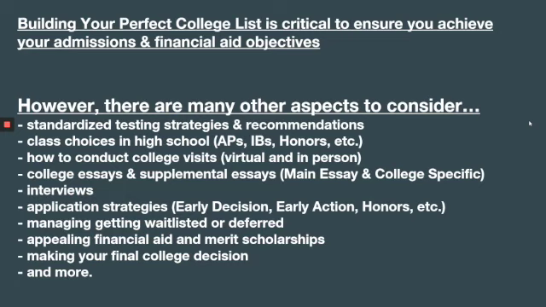College essays and supplemental essays. Interviews, application strategies as we discussed, which are very personalized to you, your family, your student, and your situation. Managing getting waitlisted and/or deferred, which happens to more and more students these days. Appealing financial aid and merit scholarships. Making your final college decision, and much, much more.